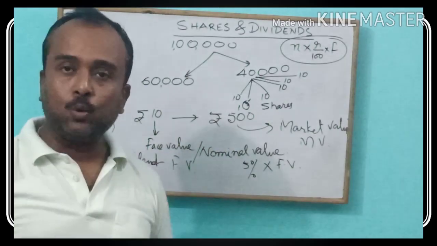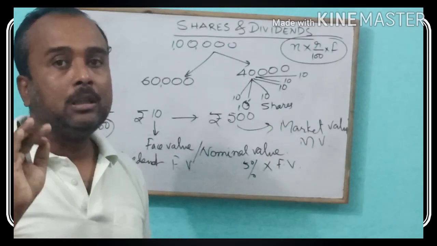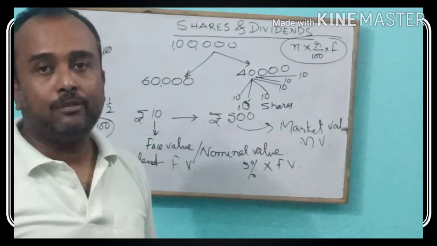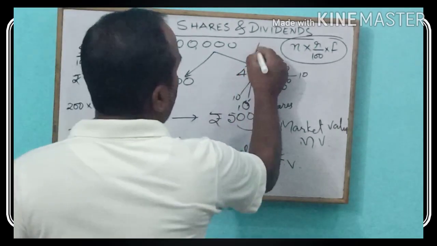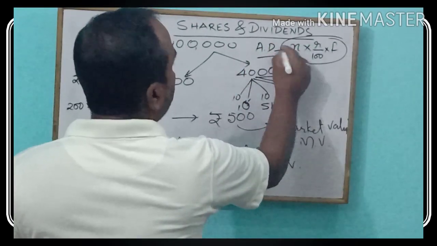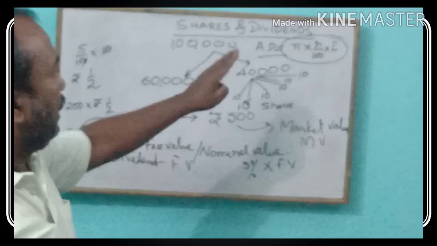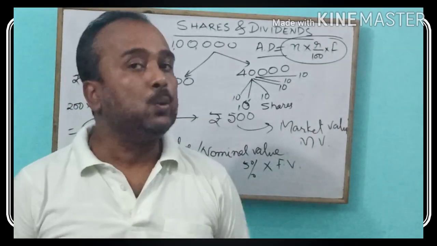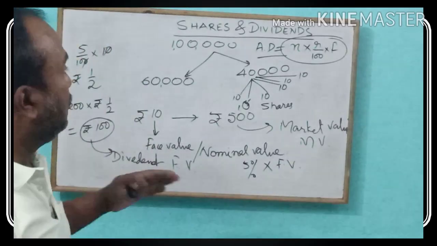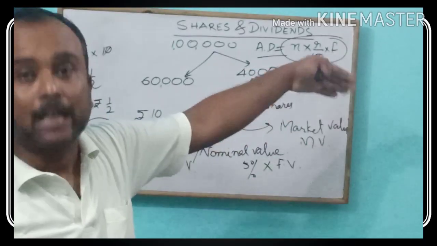We always calculate the dividend at the end of every year, so this is known as the annual dividend. Okay, so we have understood one formula, the annual dividend, which is also known as the annual income.